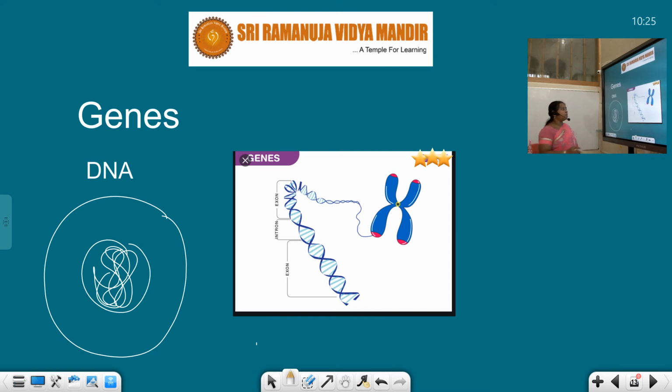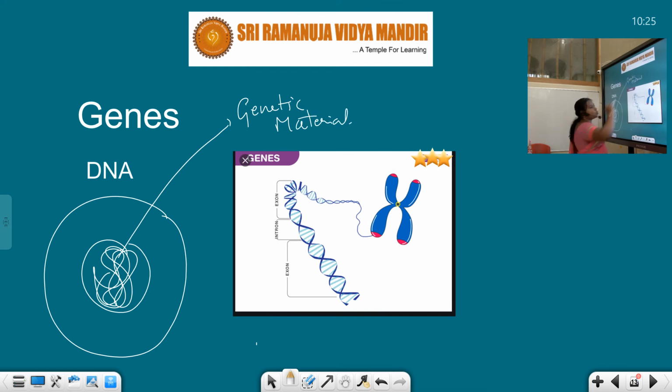That is nothing but the genetic material, students. Genetic material means it has the characteristic of inheritance, so it is going to transfer from the parent to the daughter cells. That is the reason it has the property of inheritance. And see, a functional fragment of DNA is nothing but the gene.